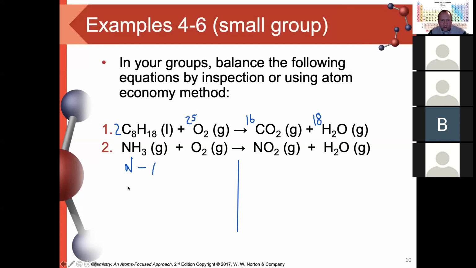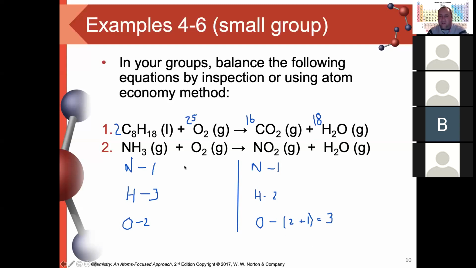1 nitrogen, 3 hydrogen, 2 oxygen, and on the opposite side, I've got 1 nitrogen, 2 hydrogen, and for the oxygen, I've got another one of those sticky oxygens in multiple places, 3 in total.